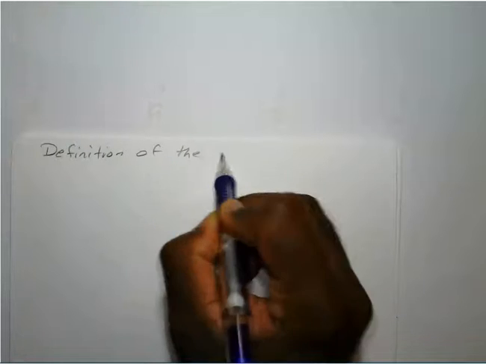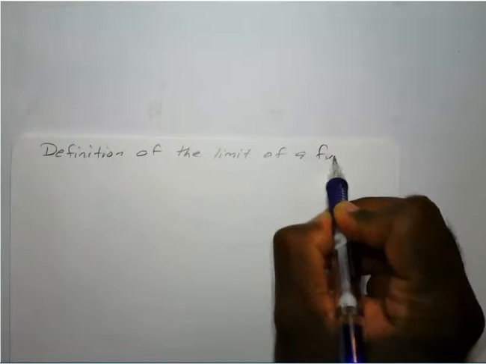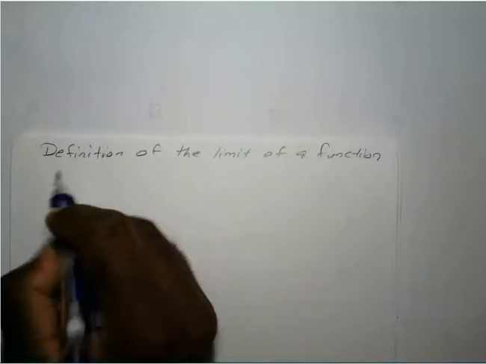Definition of the limit of a function with two variables.